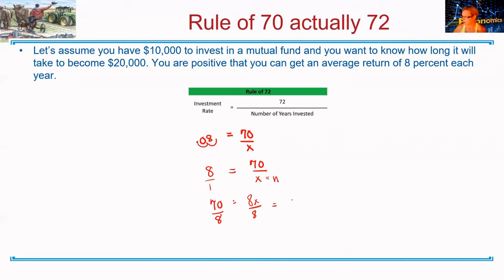I should have done that in my head. 8.75 years. So that would be the answer to this: investing $10,000 today, that's your present value, we know our future value, and what we're looking at is how long will it take to double? It'll take 8.75 years, which is 8 years, how about 9 months? Okay.